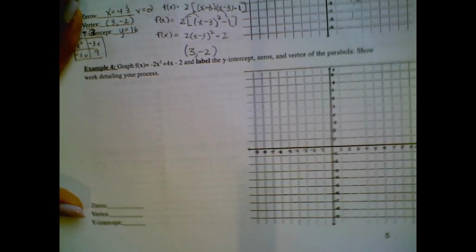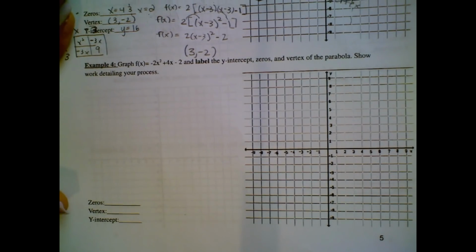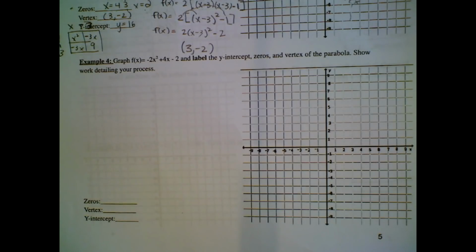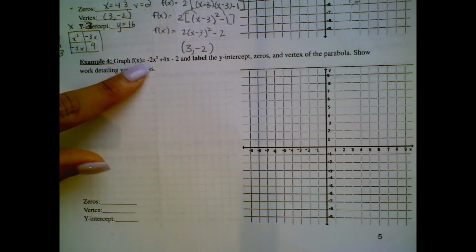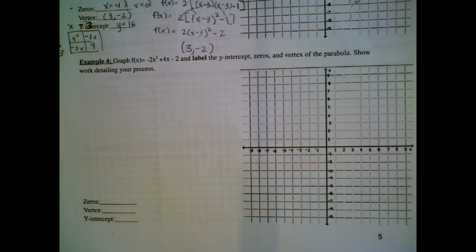Let's do example 4, and then we'll go back to example 3. Okay, so example 4 is interesting because in front of the x squared, there's a negative 2. So that means because my a term is negative, I know that the parabola is going to be facing downward.